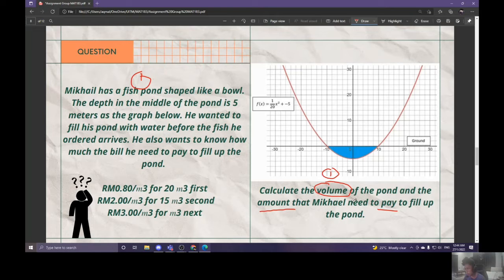And then we find the amount, number 2. So, this is the pond that we need to find the volume of first. After we find the volume, we will use this information to get the answer of how much he needs to pay.